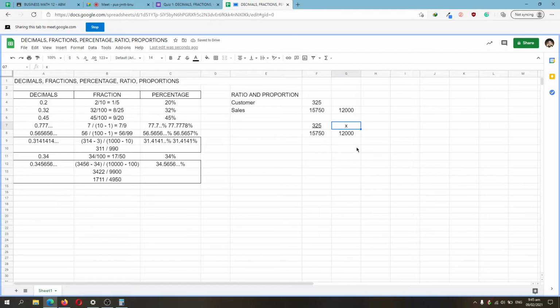Yan. So 320, gagawin lang natin cross multiplication.